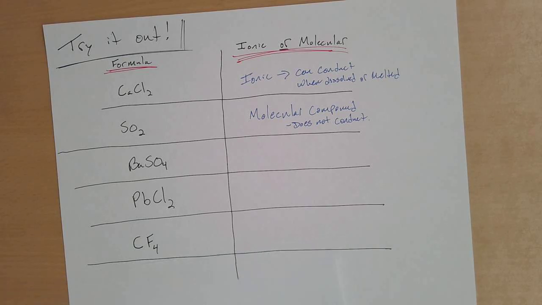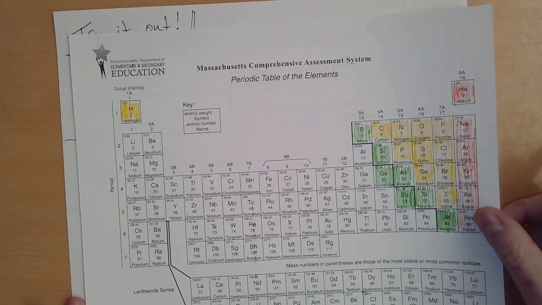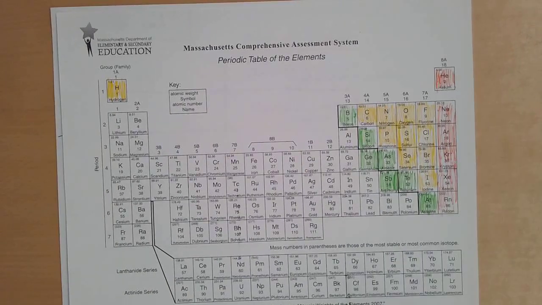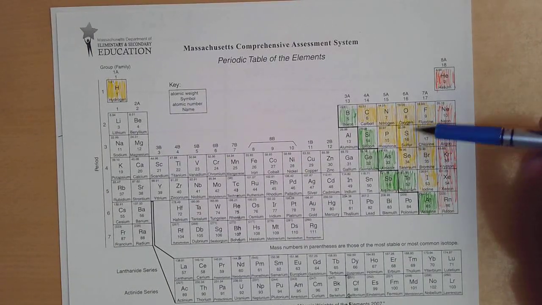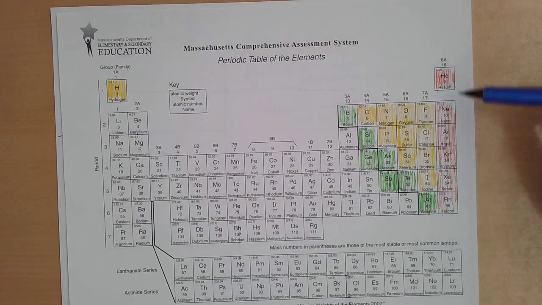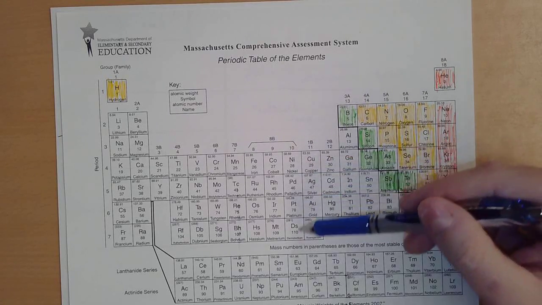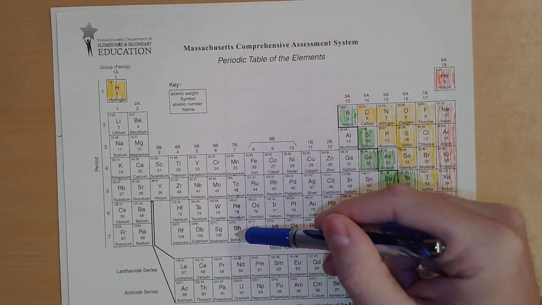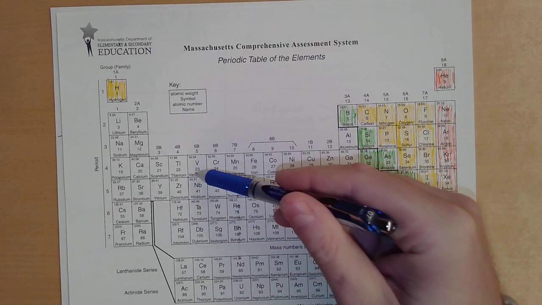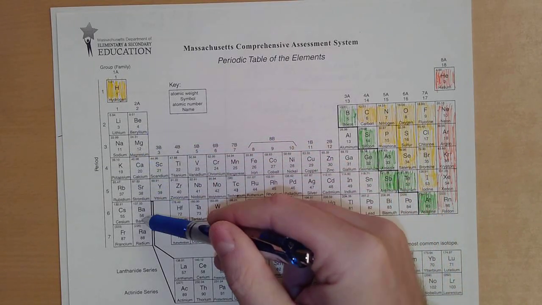And then, great, our next one is BaSO4. So let's look at that. There's my S and my O. They haven't changed positions, so that's nonmetals. But where's this Ba? So let's look through. Now I'm just kind of scanning. I'm looking for the big B first, right? There's a Bh. There's Ba.